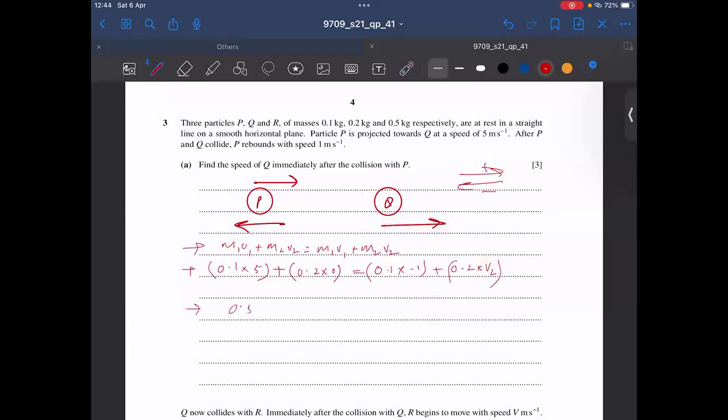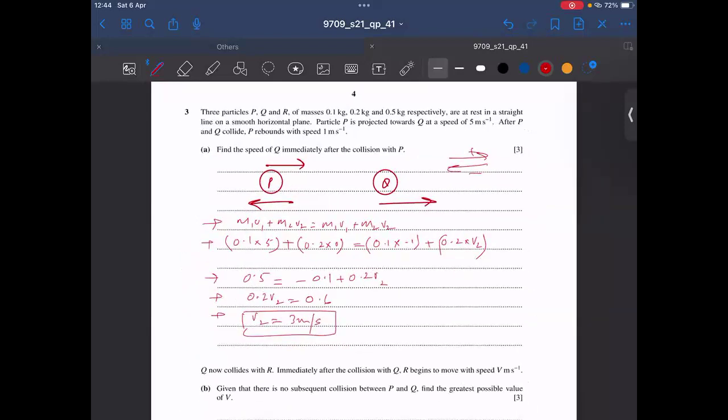So it'll be 0.5 minus 0.1 plus 0.2 V2. 0.2 V2 equals 0.6, and so V2 is going to be equal to 3 meter per second. Is it clear or not? It comes out to be positive, so Q moves towards right after collision. Ms. Aisha, Ms. Amna, Mustafa, is it clear? Yes, sir. Okay, that's great.